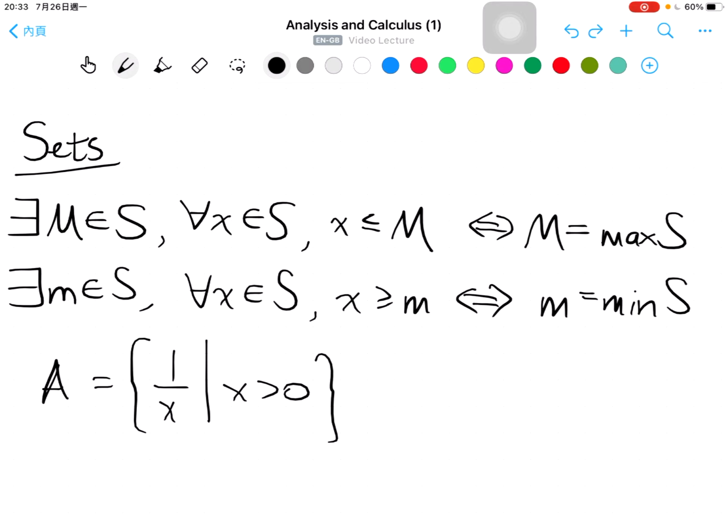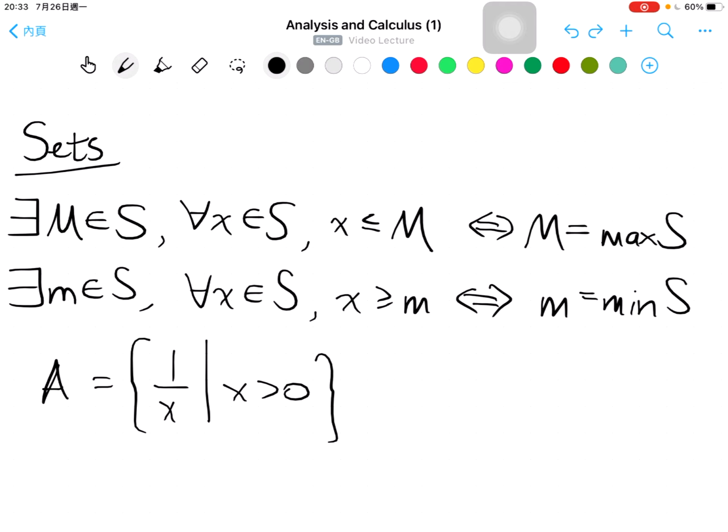Is 1 over 10 really the smallest element? No, because we got 1 over 11. We got 1 over 12. These two are apparently smaller than 1 over 10. If you know 1 over 10 is 0.1, and 1 over 11 is 0.090909 and so on. Let's just take an approximation, 0.09. It's already smaller than 0.1.